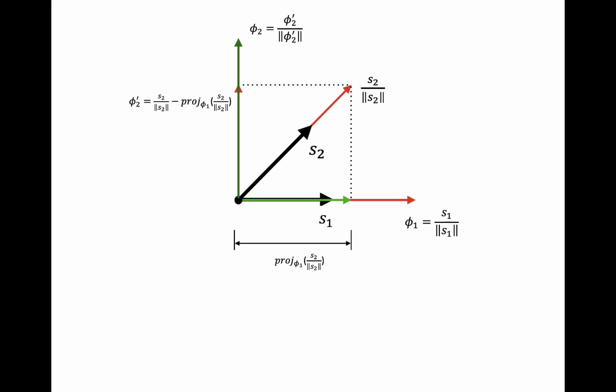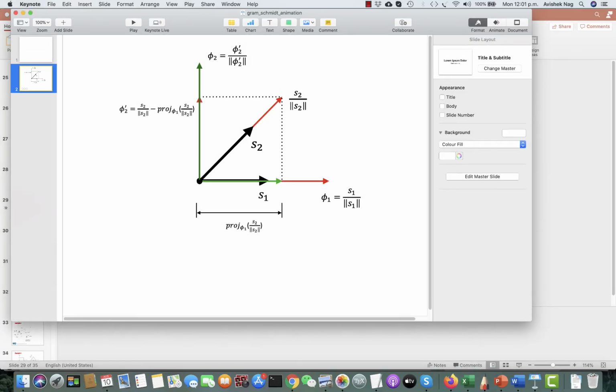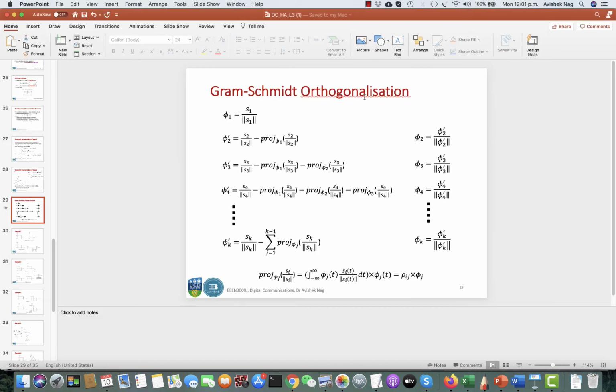So this is the whole concept behind the Gram-Schmidt procedure, and you can generalize it for any number of signals through this algorithm. You have phi 1 first, then you calculate phi 2, and then you calculate phi 3.